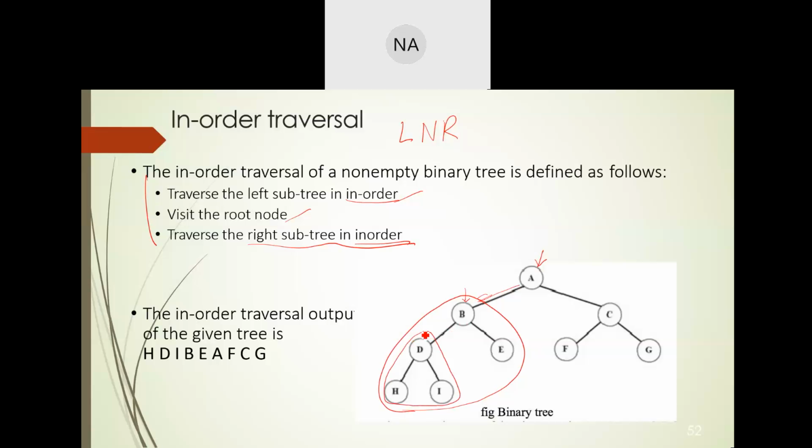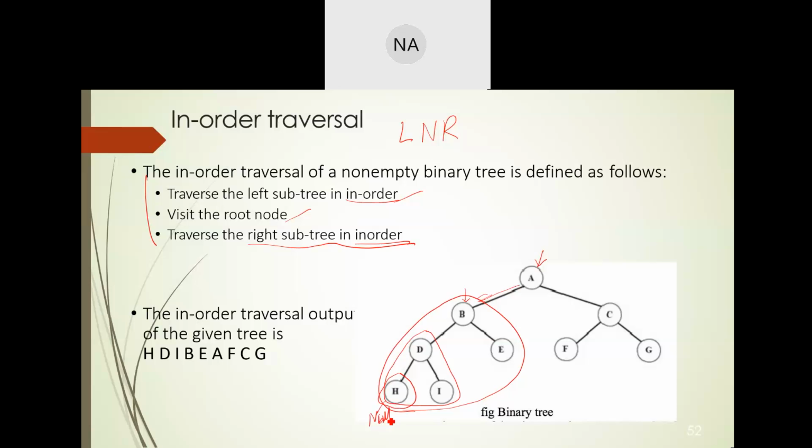Then again the same procedure is adopted: from the root node D of this subtree, you will go to its left subtree, which contains a single node H. Now from H you will go to its left subtree, which is empty. Traversing an empty binary subtree is very simple: you will not print anything. So here you encounter null.